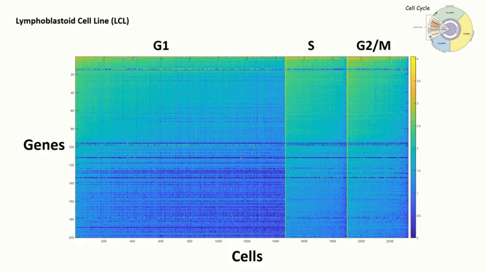What you can see is that in S and G2 phase cells, the genes are more yellow. Yellow means the expression level is higher. So globally, these cells in S phase and G2 phase are larger, and their mRNA is probably more than in G1 phase cells. So you can see this global change of the expression level.